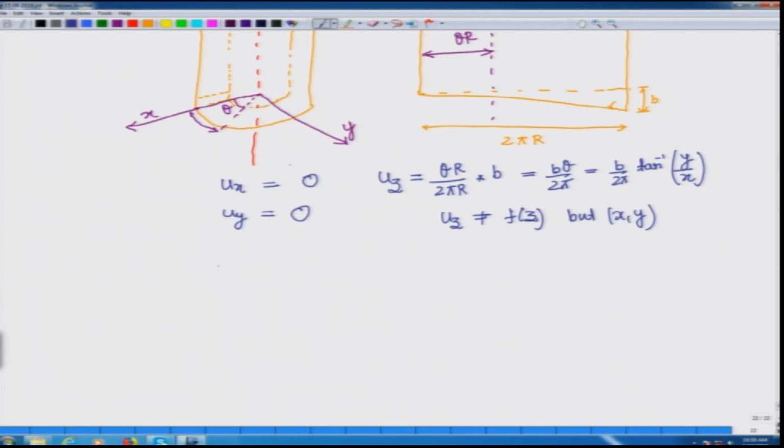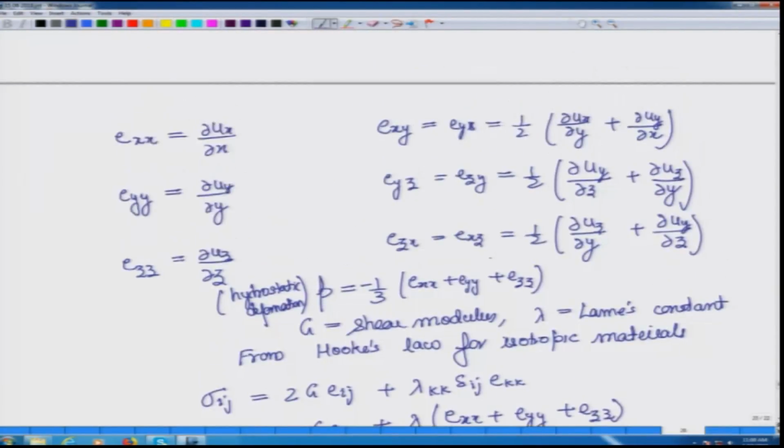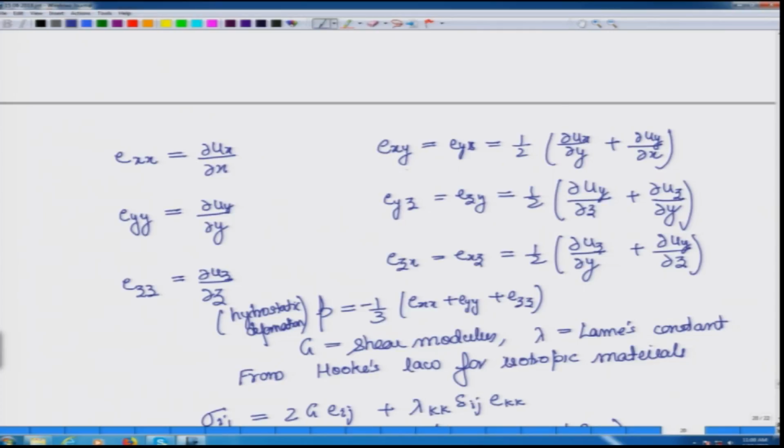Now, with that understanding of u z, you can go back and see what E x x, E y y will be. Let us see the equation a little bit. So, we have the E x x, E y y, E z z. What do you see? It is in terms of u x, u y, and del u z with respect to del z, but we know that there is no z dependence.